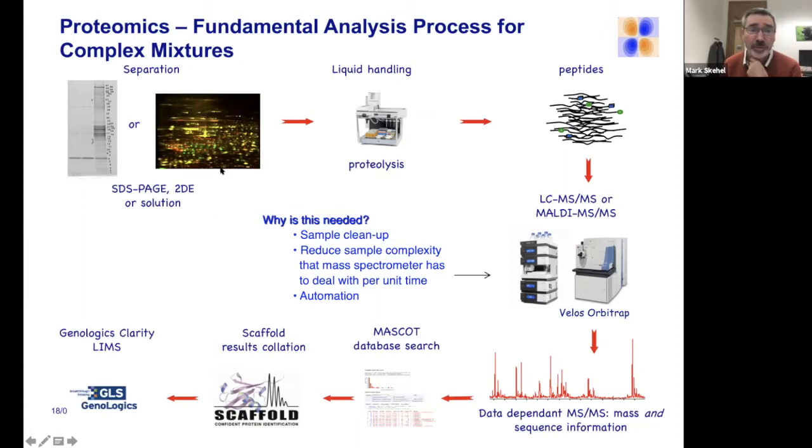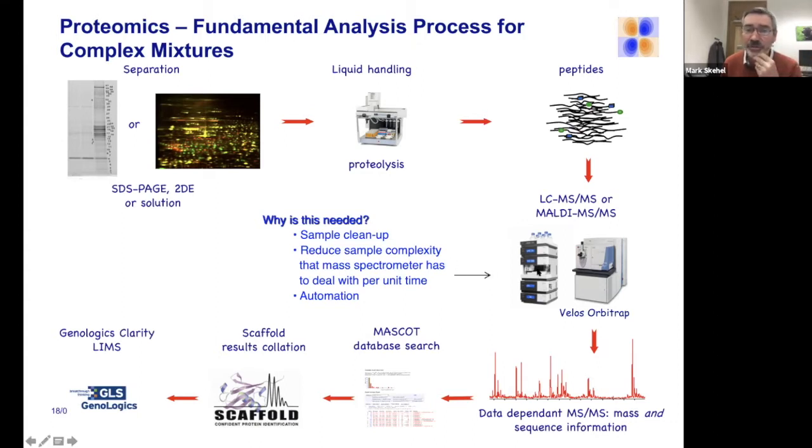So you take your sample either from a gel or in solution or on beads. We digest that, reduce everything to peptides, digest it with trypsin, and analyze it on the mass spec. We introduce all the samples into the instrument via a chromatographic setup. You can't just infuse thousands of peptides. You're not going to see anything, so you need to separate those out.